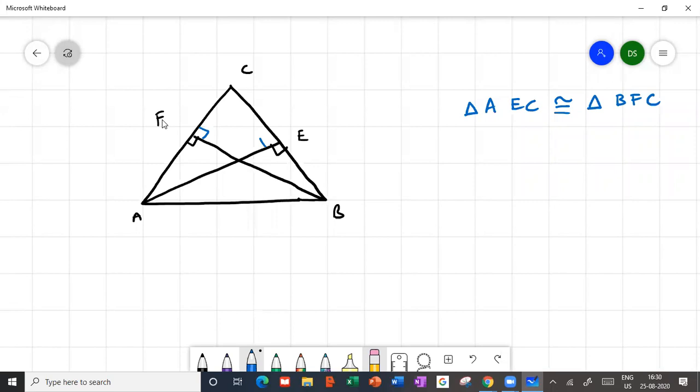This is equal to this, correct? Angle AEC is equal to angle BFC, 90 degrees, correct? Then what else can I prove? Angle C will be common.